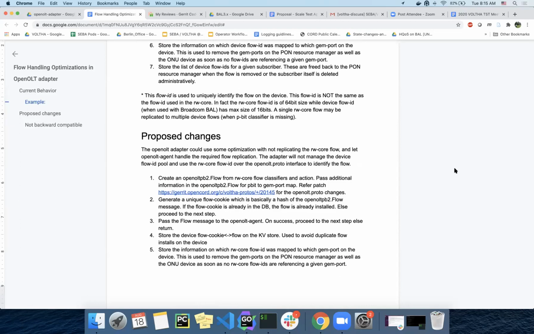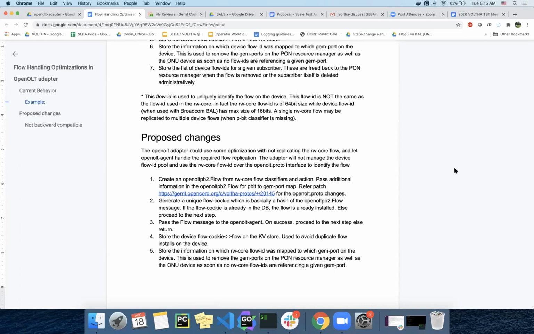Flow ID is something that we introduced, mostly an influence from the Broadcom BAL, because there is also a mention of flow ID in the Broadcom BAL, and somehow that crept into our OpenOLT adapter implementations. But otherwise, in a strict sense, the only PON resource IDs that I have encountered are ONU ID, gem port ID, and alloc ID.